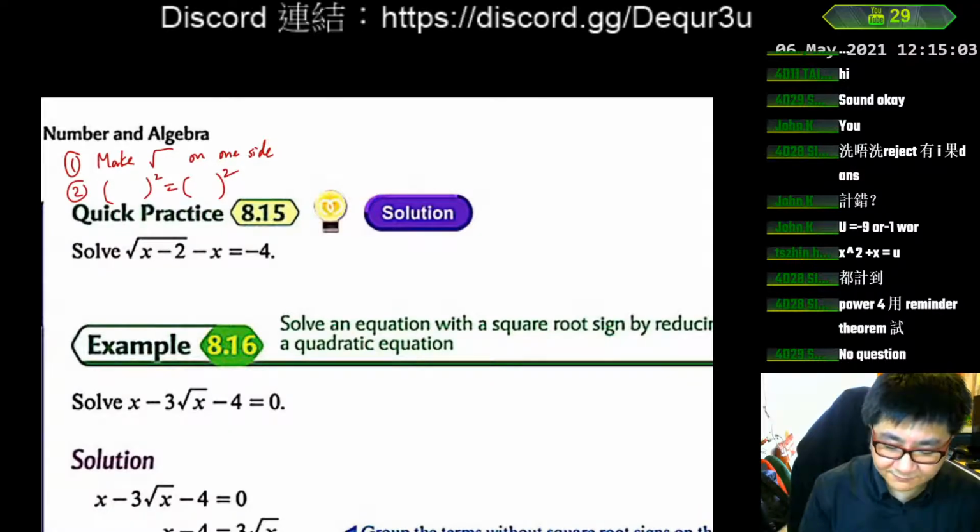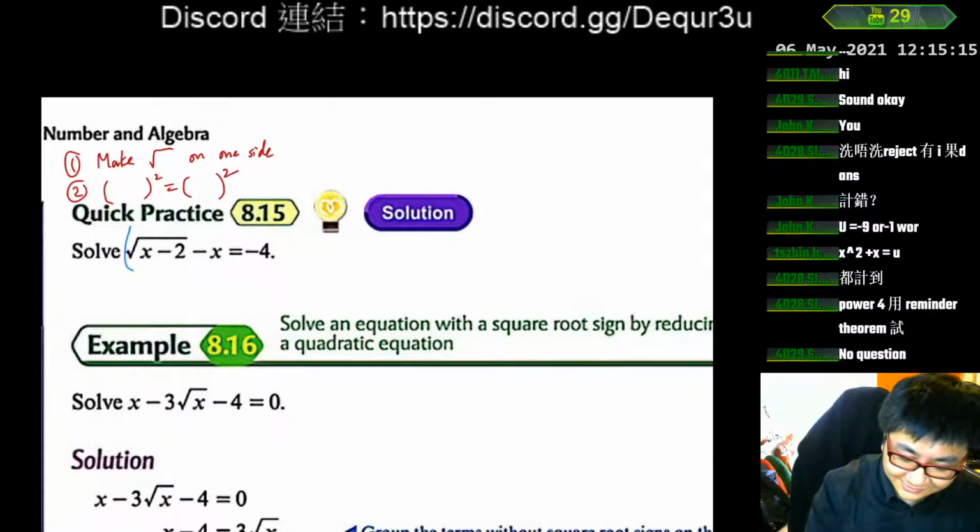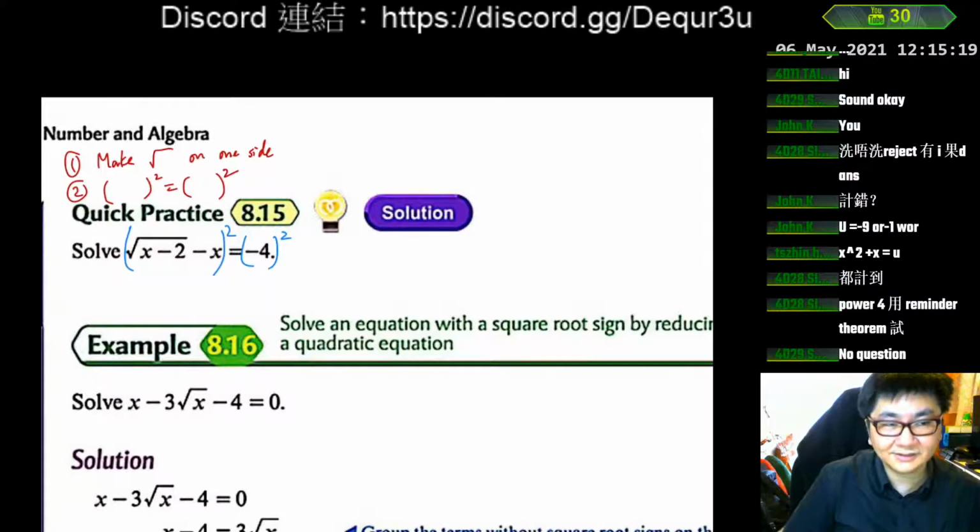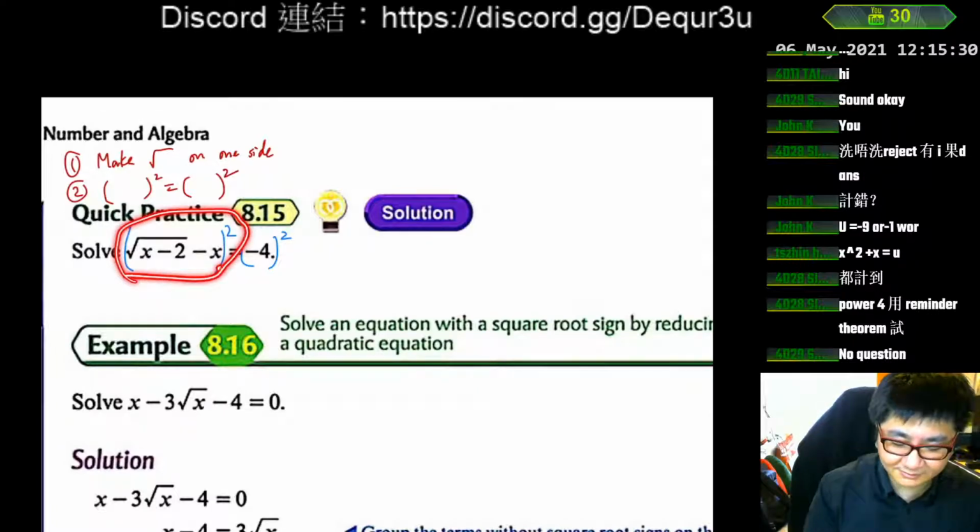Because if, in the very first step, we just square both sides for this, I change color because this is not good. I try to show you an example which is not good, therefore I don't use the same color. If we try to square both sides here directly, that means we are trying to work with the blue color steps here. Then the bad thing will be when you do expansion for this square.